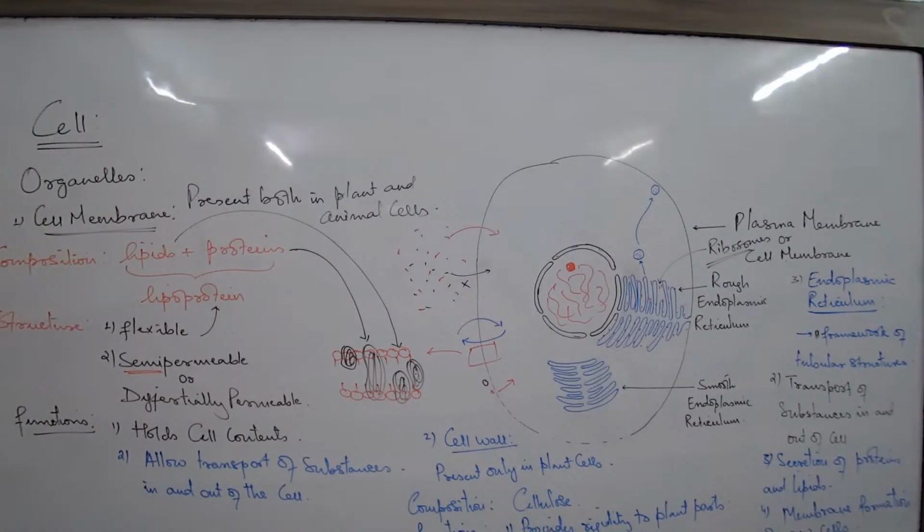Read structure, function, and tell me if there is anything which is not clear. Read cell wall, cell membrane, structure, function. Read all the points. Anything that is not clear, clarify.